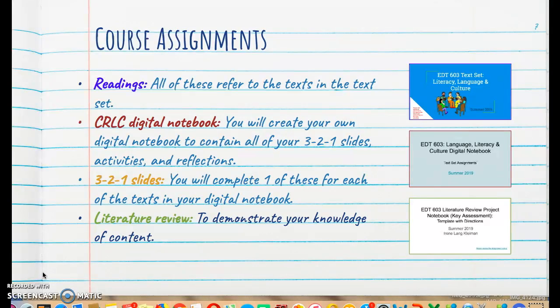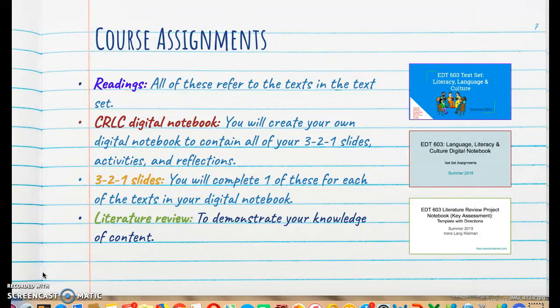As you read these texts, which will include articles, journal articles, poems, essays, TV shows, movies, etc., you will create a slide for each one that will demonstrate your ability to understand and apply the content.